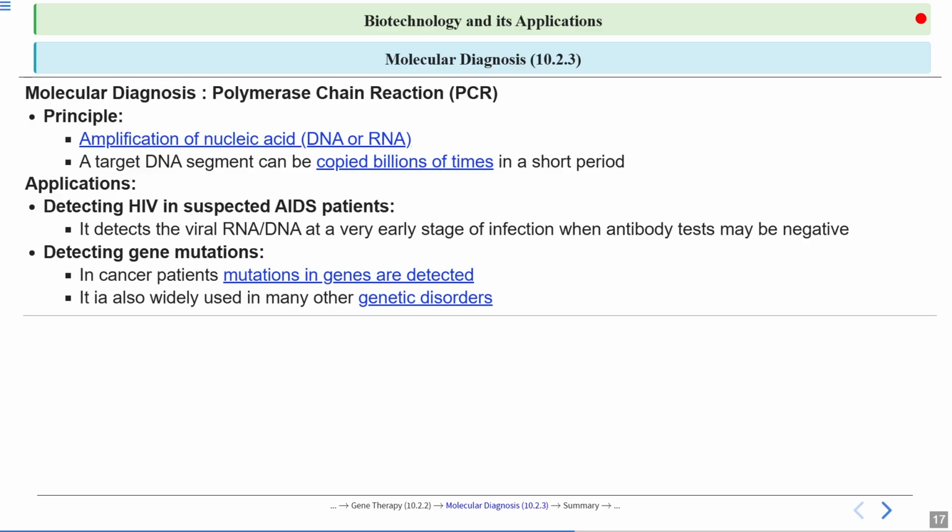This PCR can help us detect gene mutations in many of the cancer patients, because we know that cancer patients do have a lot of mutations in their genes. So PCR can help us to identify that, and it also helps in identifying gene mutations in many genetic disorders.